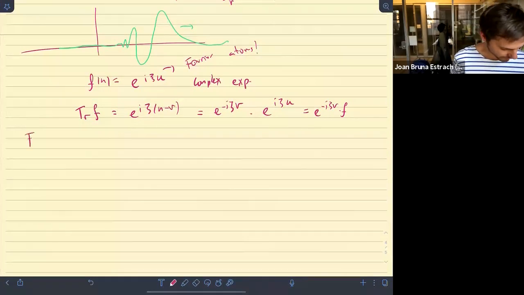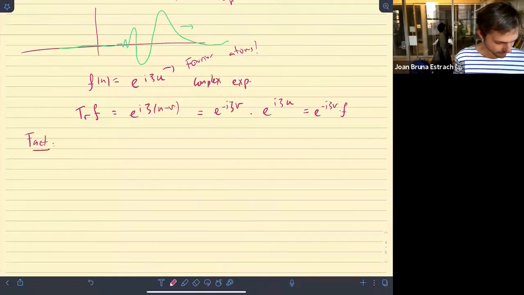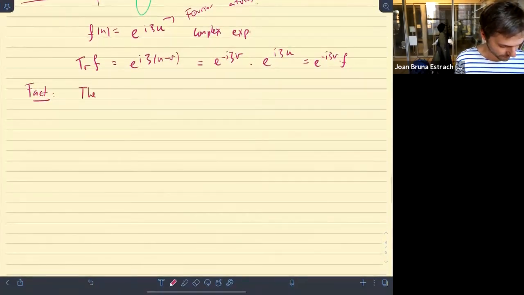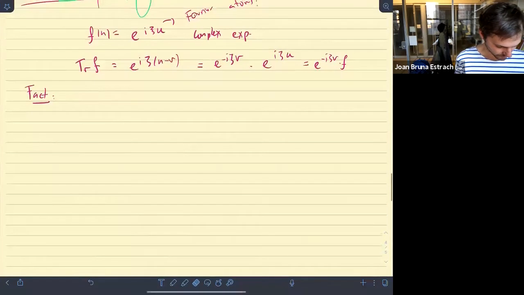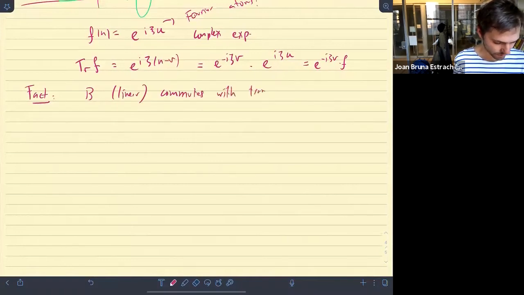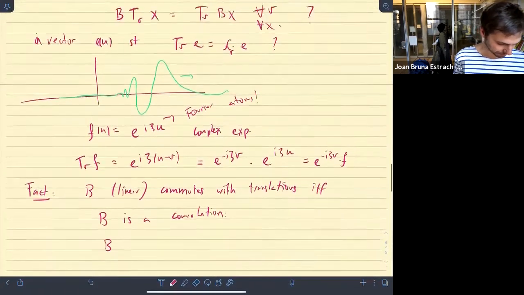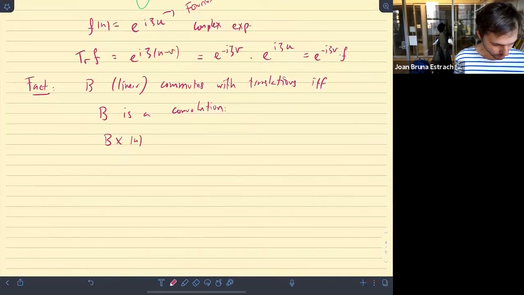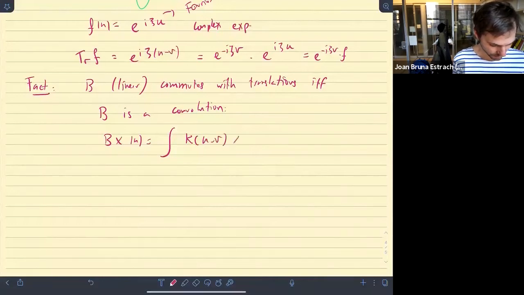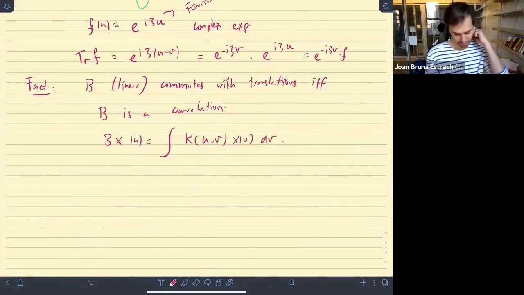Let's try to convince ourselves that actually B linear commutes with the translations if and only if B is a convolution, of the form Bx(u) is an integral of some kernel, u minus v, times x(v).